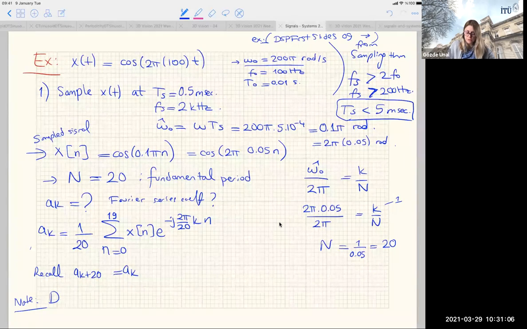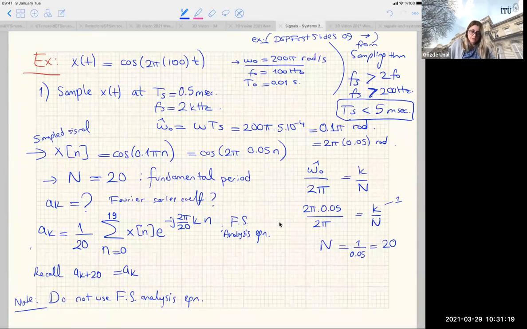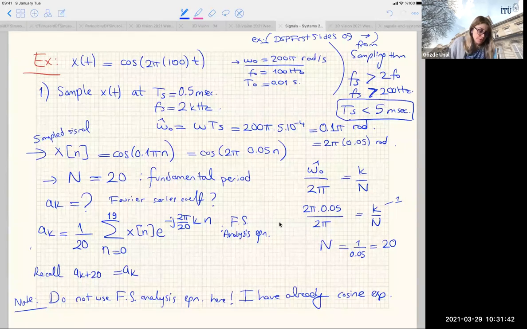If I were you, I would not use the analysis equation here, because I can expand this cosine into the basis functions, the complex exponentials, through Euler's formula. So let's do that on the next page.